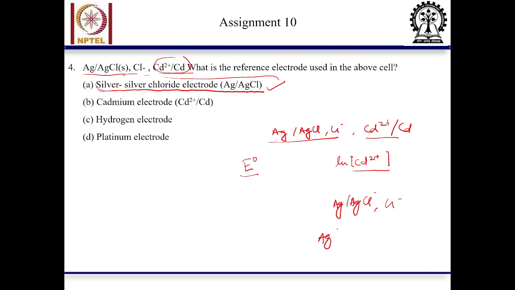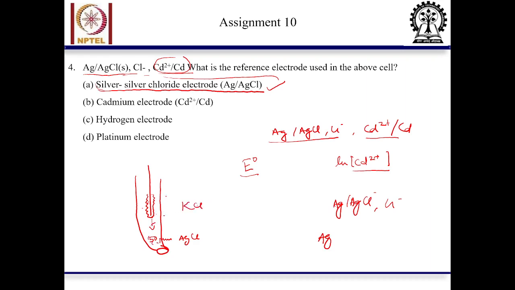So how do we make this silver reference electrode? Basically we take the silver wire and we use a potentiometric experiment to deposit a very thin layer of silver chloride, like 50 micrometer. Now what we do is put it in the solution of saturated KCl.